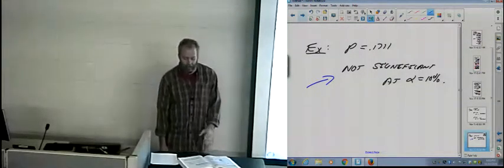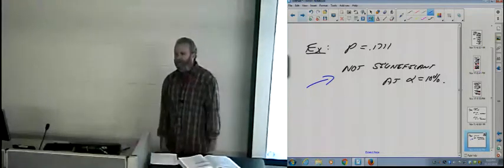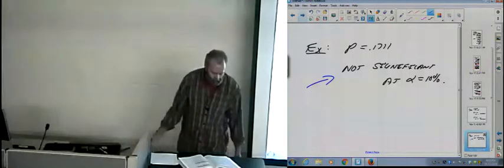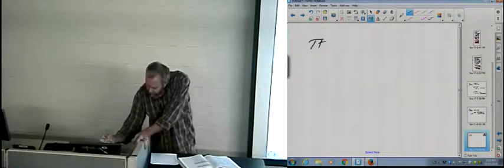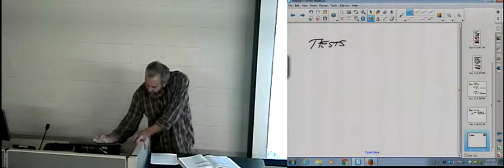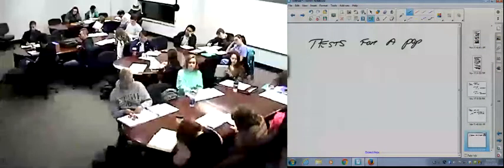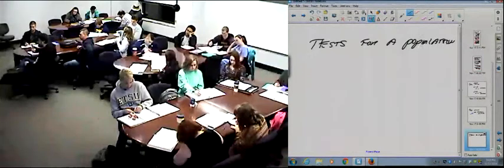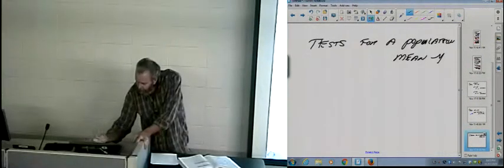All right? Now, before we do a problem from start to finish, on the bottom of page 400, there are tests for a population mean. And your population mean is mu.